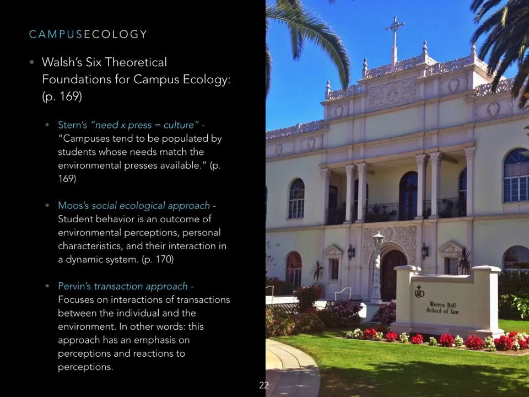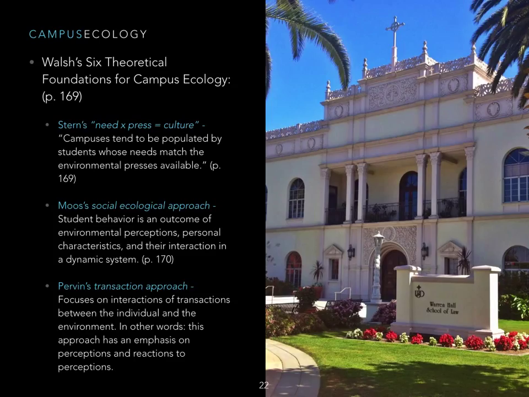What differs Moos's theory from Pervin's transaction approach is that Pervin's transaction approach focuses on transactions between the individual and the environment. In other words, this approach has an emphasis on perceptions and reactions to perceptions.